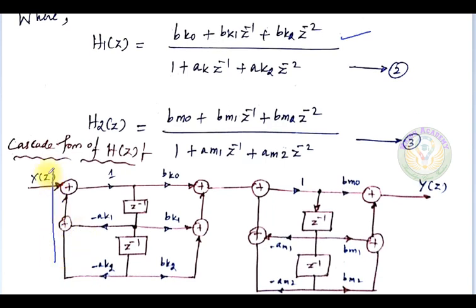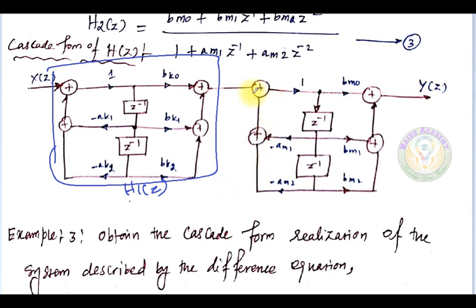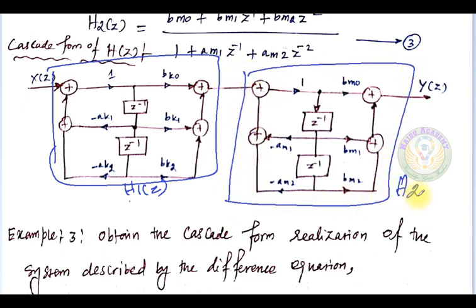This is the direct form 2 realization of H1 of z, and this is the direct form 2 realization of H2 of z. These two, H1 of z and H2 of z, are cascaded. The cascaded block diagram will be H of z. Okay, so understand this concept, we will see an example.